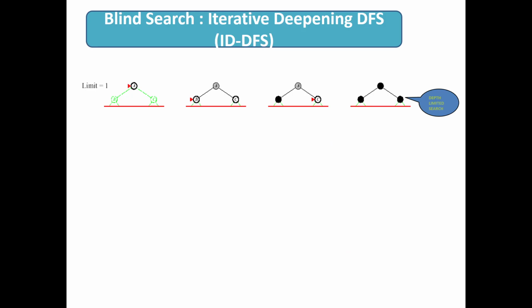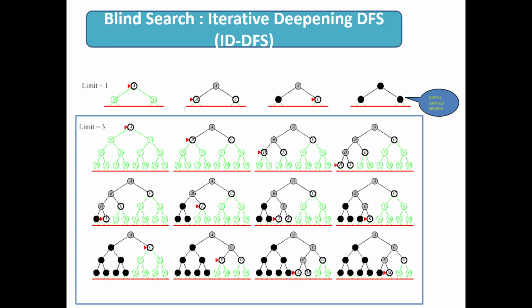For example, here with limit 1, you are not finding any solution. In depth limited search, we set only one limit, so even if the goal is in the next level, it cannot be searched properly. So we can use the iterative deepening method, the IDDFS method. Here we keep on searching.